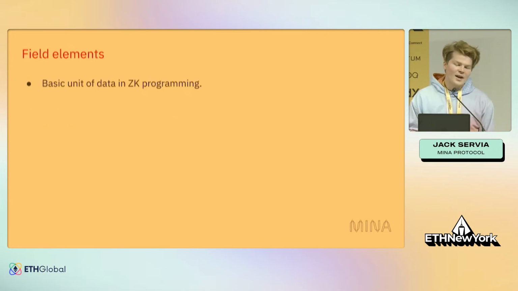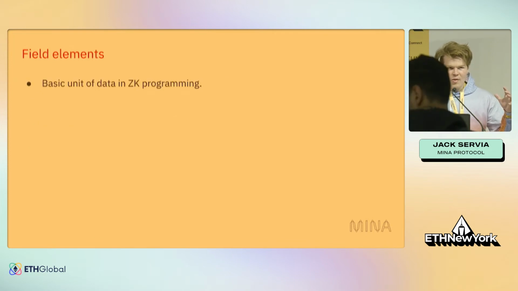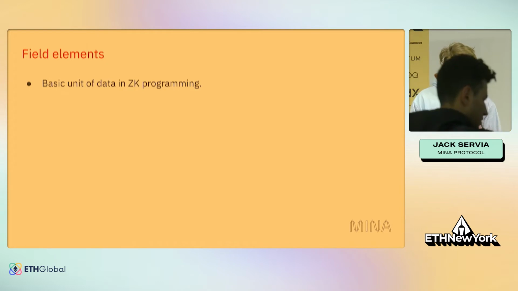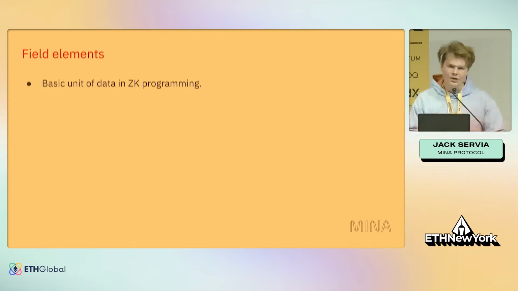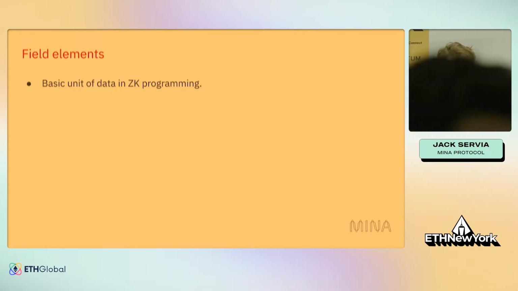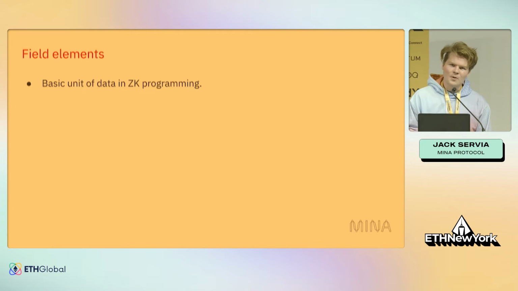And so, OK, what kind of data type do we use when we program these zero-knowledge smart contracts? We use something called a field, and this is an element of a finite field, which is a math idea that's not super important to get way into. For most practical purposes, it'll end up feeling a lot like a uint256, but it's a little bit smaller.